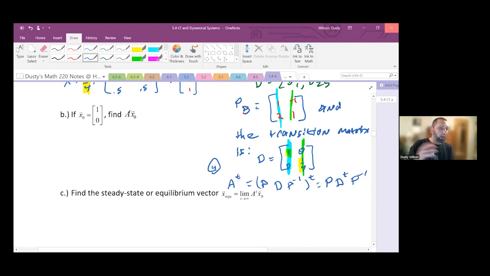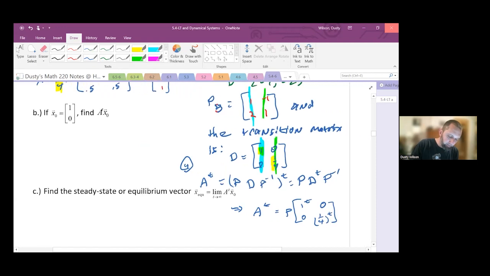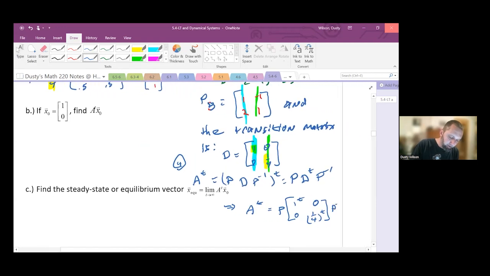And so taking a diagonal matrix to the t power is the same as taking the entries to the t power. So A to the t equals P times [1 to the t, 0; 0, (1/4) to the t] times P inverse.